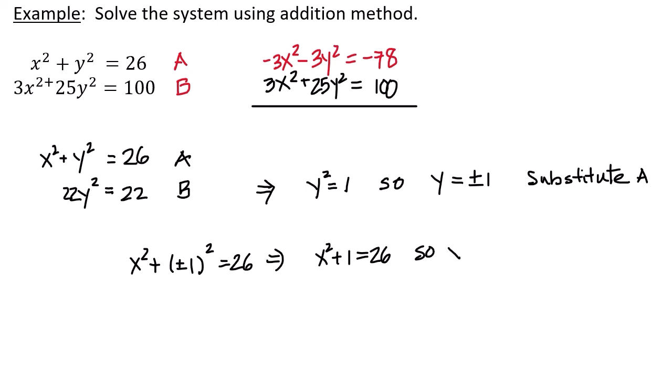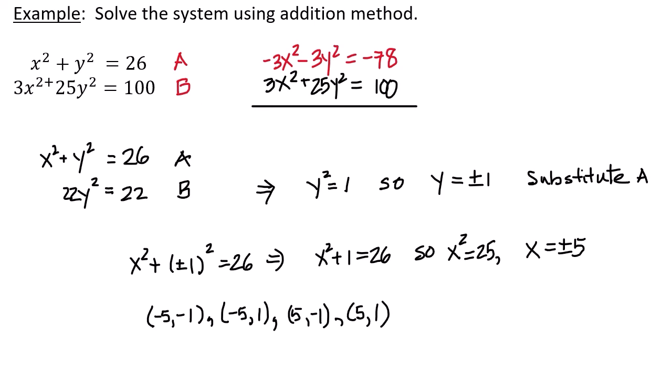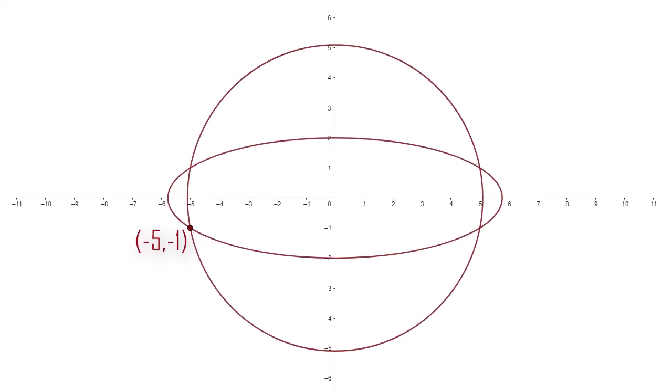So x squared equals 25. x equals plus or minus 5. And I'm going to have 4 points of intersection: negative 5, negative 1; negative 5, 1; positive 5, negative 1; and positive 5, positive 1.